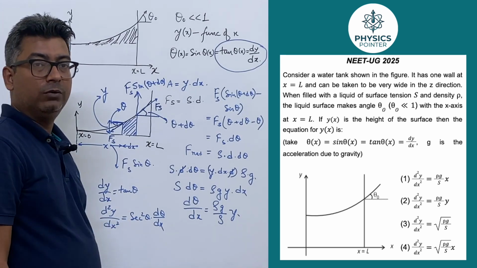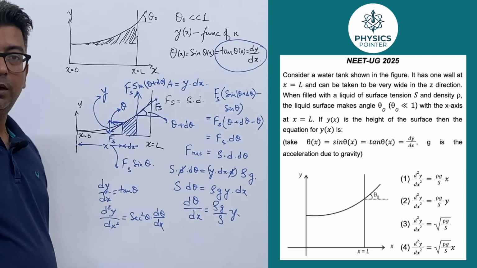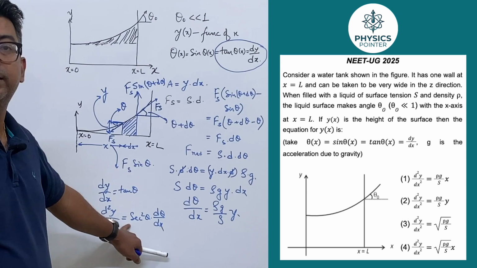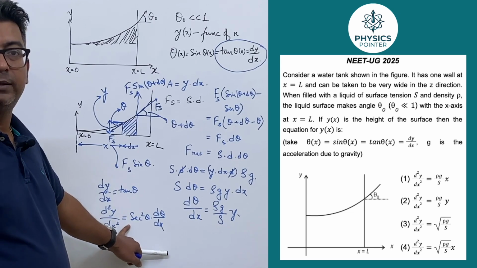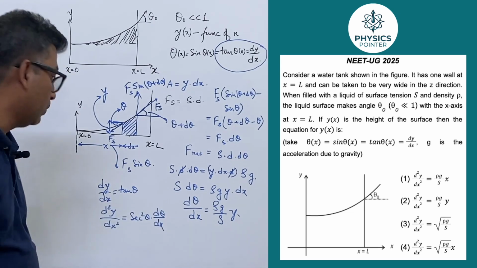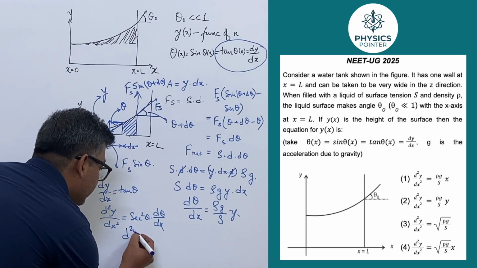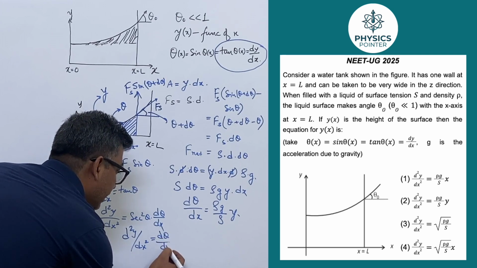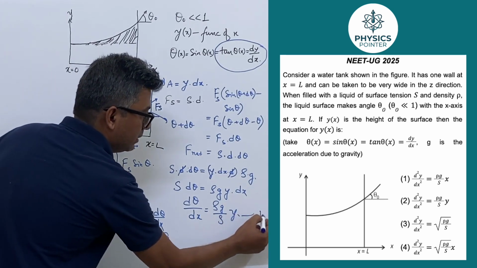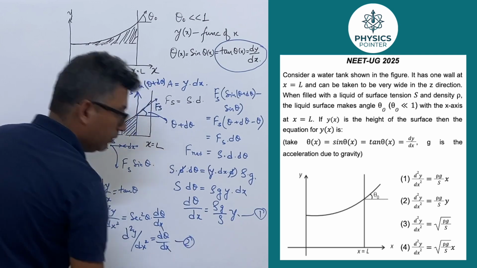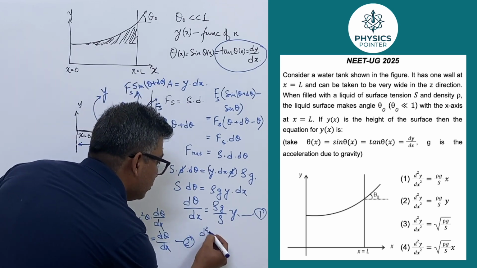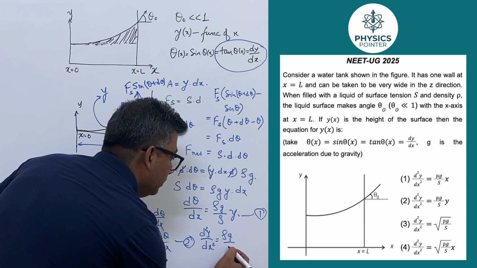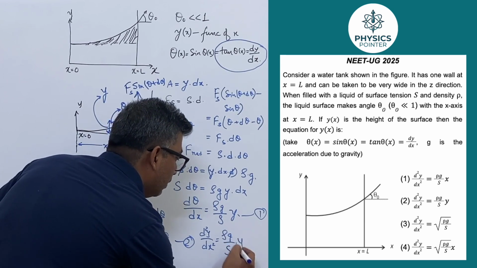Because theta is very small, cos theta becomes 1, and sec square theta is 1 by cos square theta, so this whole value becomes 1. So I can simply say d square y by dx square is equal to d theta by dx. This is the first equation, this is the second equation. What we'll get is d square y by dx square is equal to rho g by S into y.